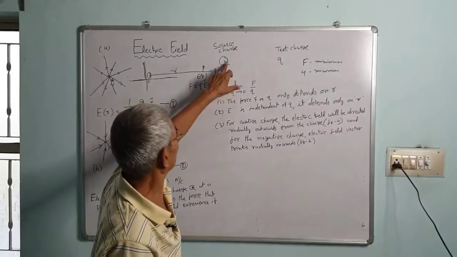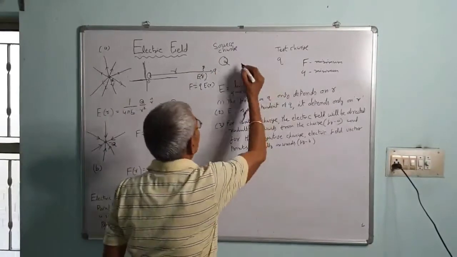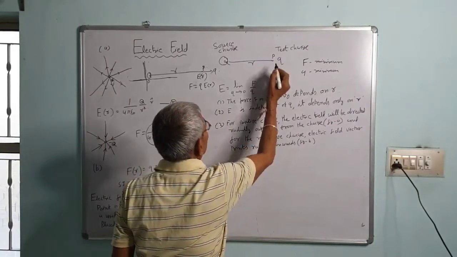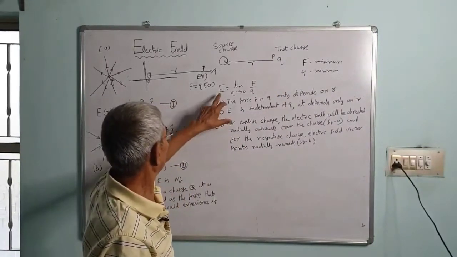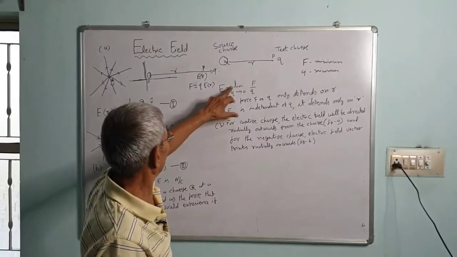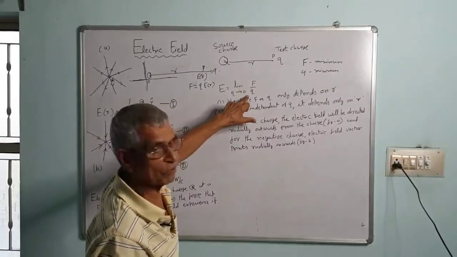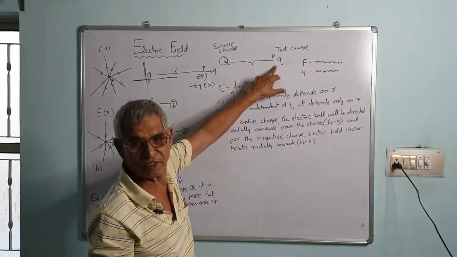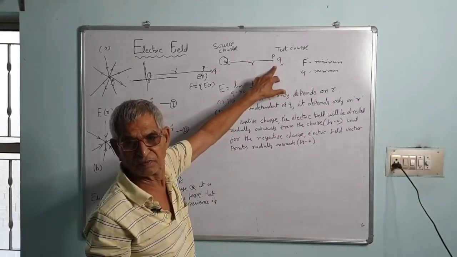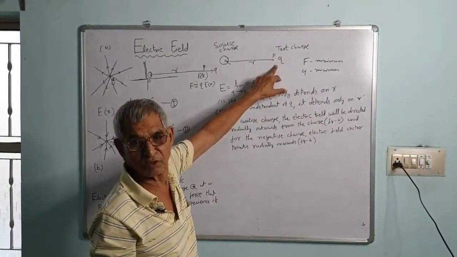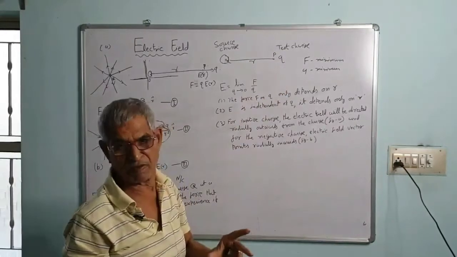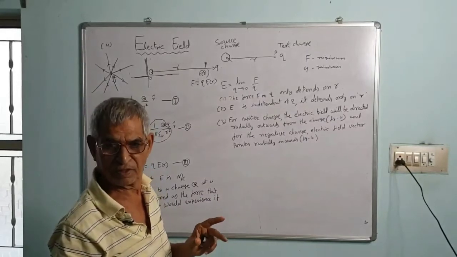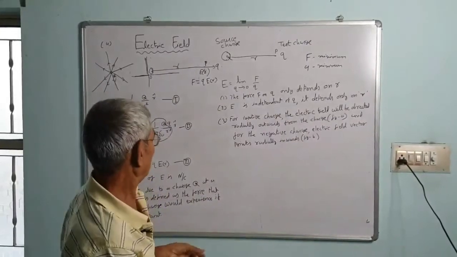Thus, the electric field of a source charge Q at a point P, at distance r, can be given by the equation E is equal to the limit q tends to 0 of F by q. Note that q cannot be 0, otherwise the force will be 0 and it hasn't got any use. But q should be minimum. So, while defining the electric field, the test charge should be smallest.